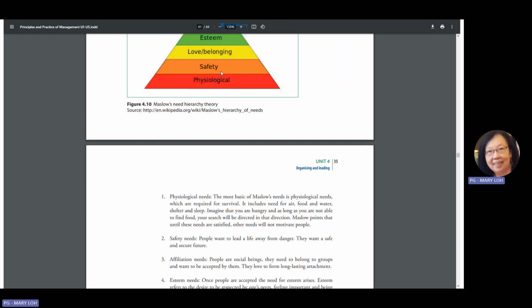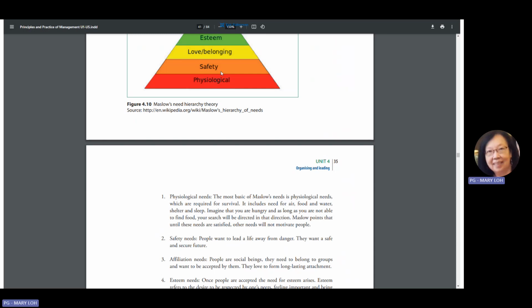Some companies offer stock options, what we call employee share option scheme. This provides a sense of security for the employees because they know that should I fall sick, should I not be able to work, the company will cover all my expenses. So they feel safe, they feel secure, right?